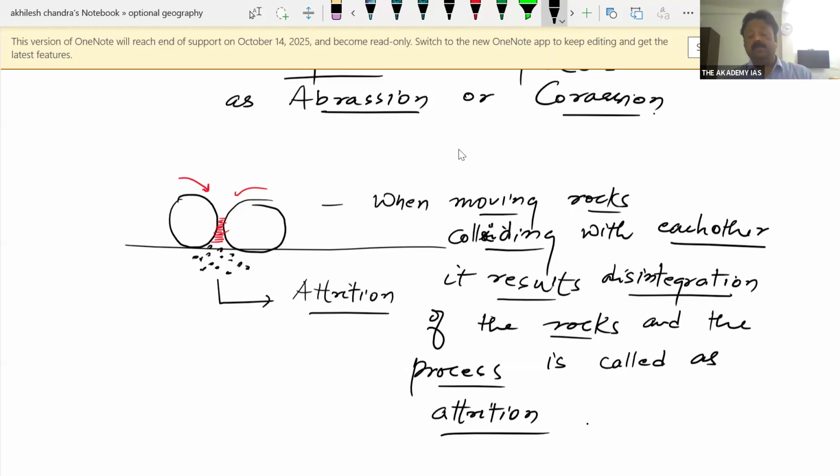Let's take up weathering in detail. So different types of it. Okay. Types of weathering. Let's take up one by one.